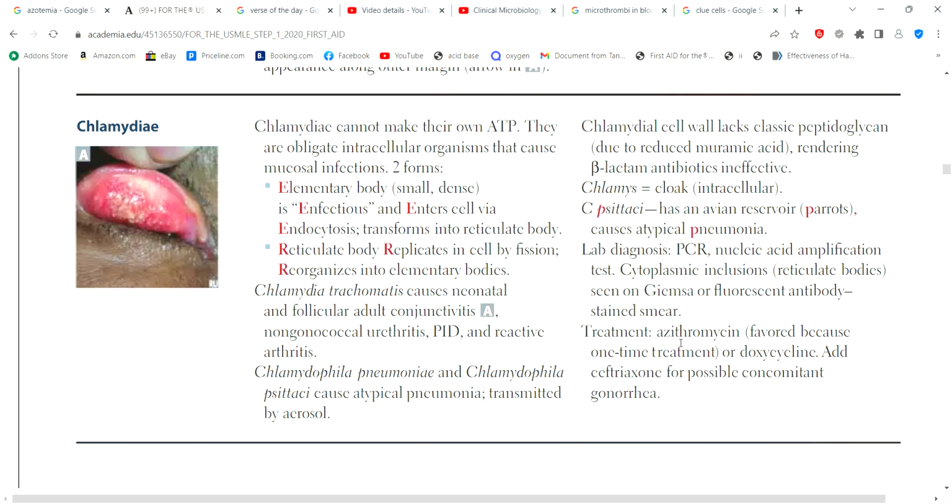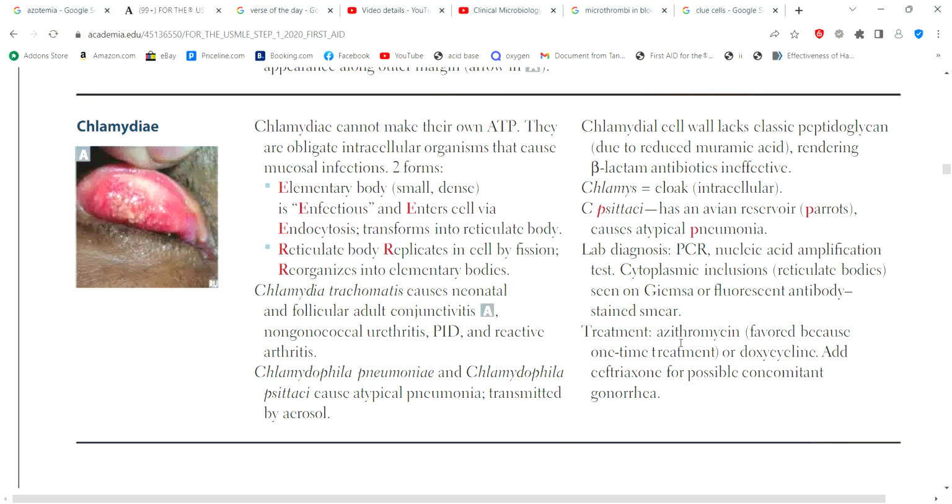Treatment is with azithromycin. It's favored because you only have to give it once, or doxycycline. You add ceftriaxone for possible concomitant gonorrhea. Okay, so for chlamydia you give azithromycin plus ceftriaxone, or you give doxycycline plus ceftriaxone.